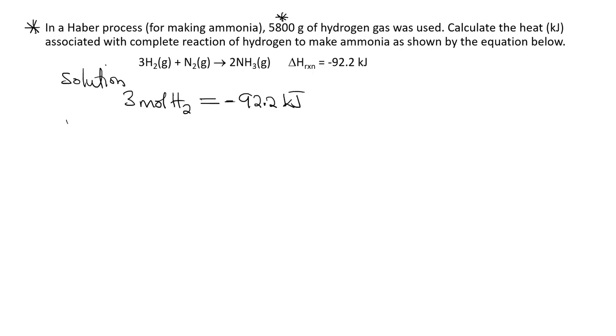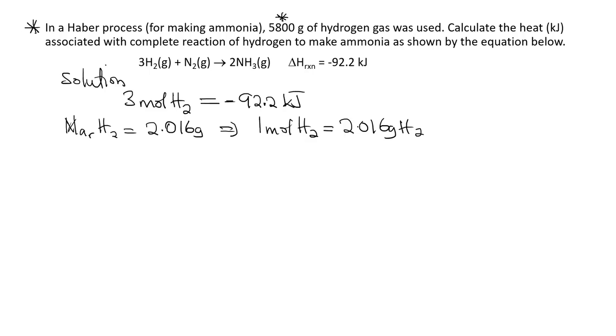So what we are saying is the molar mass of hydrogen is 2.016 grams. So which means our conversion is 1 mole of hydrogen is equal to 2.016 grams of hydrogen. So that's what we are going to use.